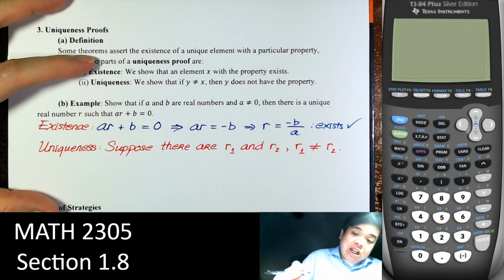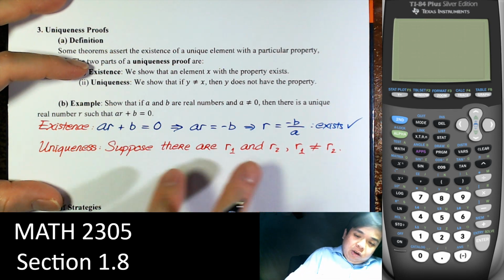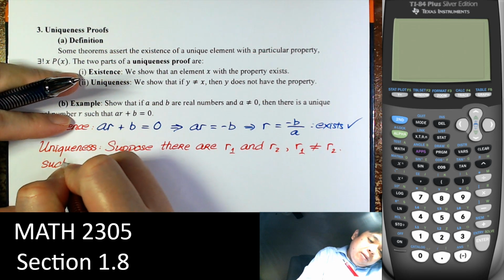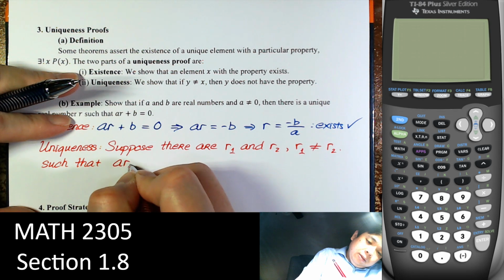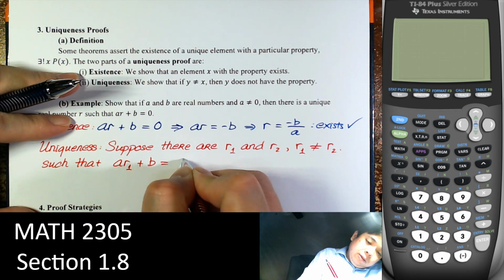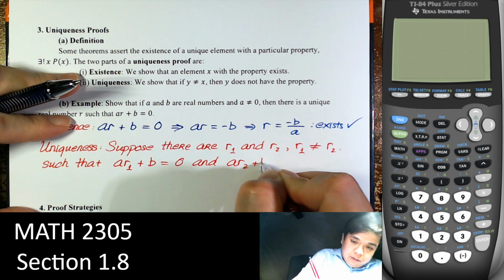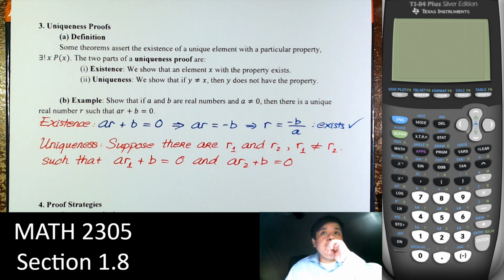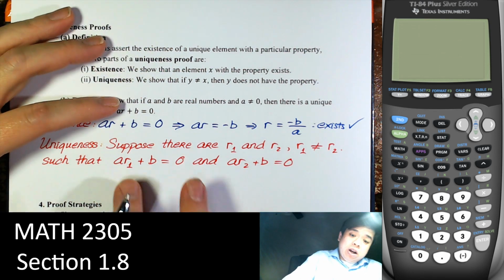So we assume that they are different. Suppose both of them work. Now since both of them equal 0, why don't we make them equal each other?